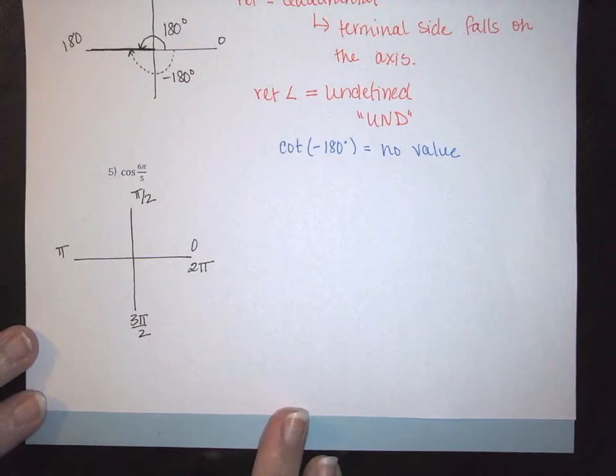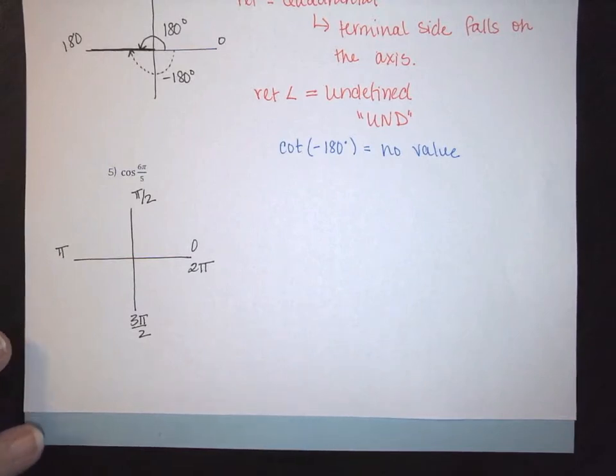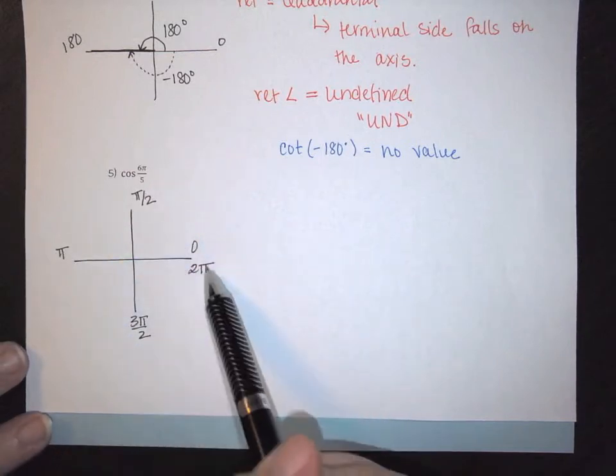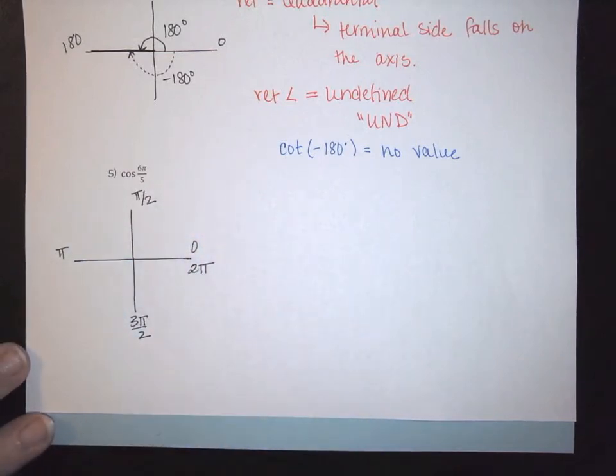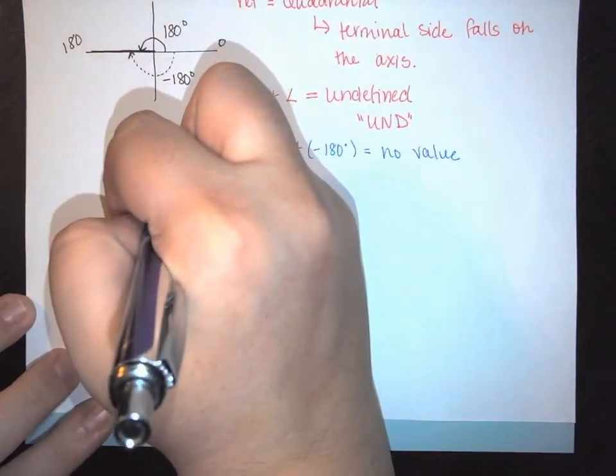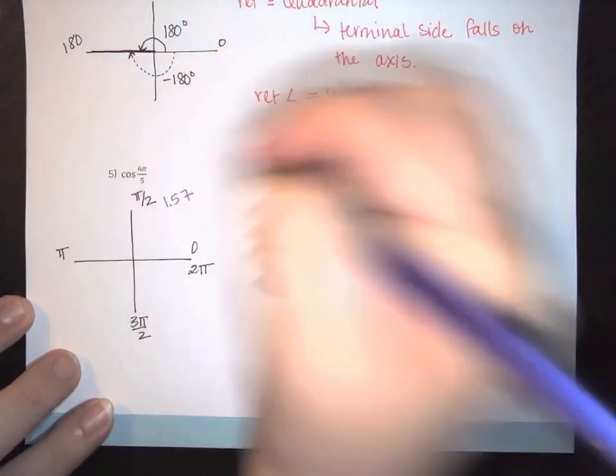So one thing that you could do is convert it over to a degree if you wanted, or you could take a look at its decimal value, because with each of these, not only do we have the pi, but we also have their decimals. So when we have pi divided by 2, that's the same as the decimal 1.57.